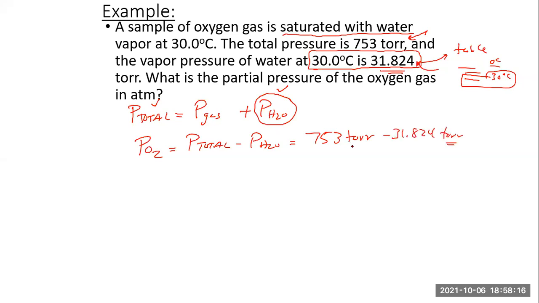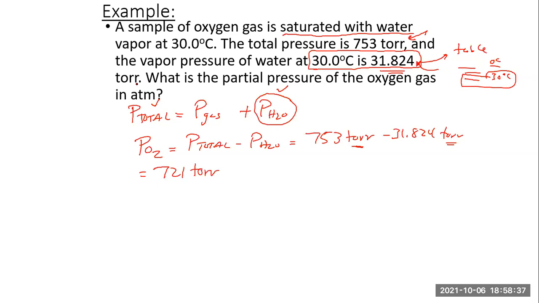Again, you do want to make sure they're in the same units, and in this case they are. 753 minus 31.824 gives us a pressure of the oxygen of 721 torr.